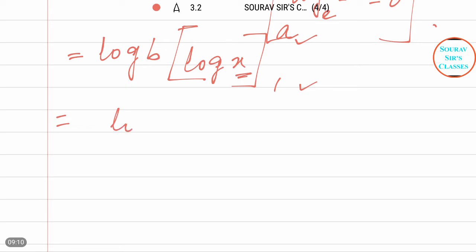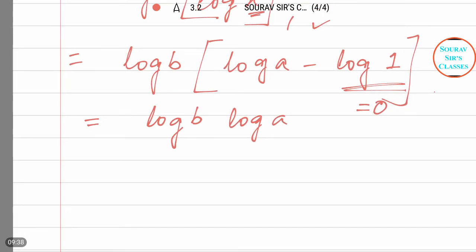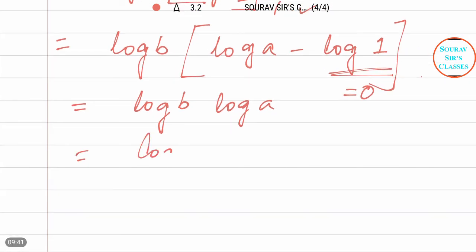So here we can write log b, and inside the bracket log a minus log 1. As we know that this part is equal to 0, we can write it as log b into log a, or log a into log b. So this is the answer.